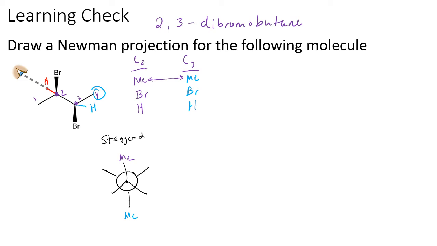Then next, I should probably keep my bromo groups 180 degrees apart from each other as well, because those are my next biggest thing that I'm going to have to worry about. So my front one, I'm going to put here, I have a bromo, and that's going to be across from another bromo group. And then lastly, the smallest atom is hydrogen. And so in our most stable conformation, hydrogen would end up being across from one another. So my back hydrogen there across from my front hydrogen here.